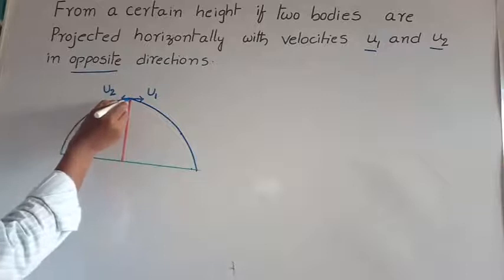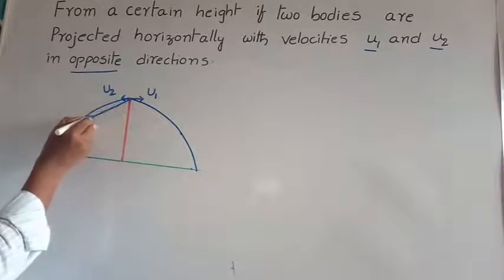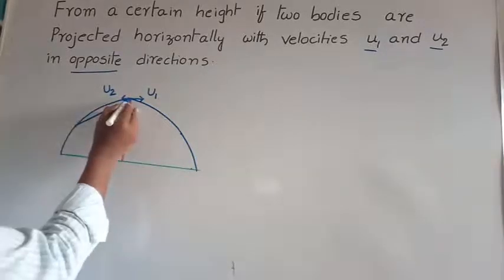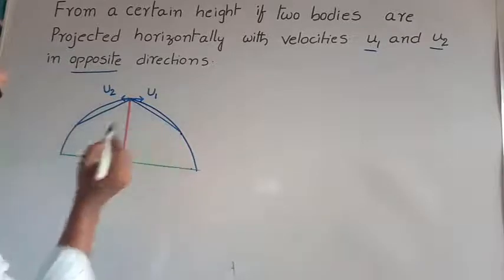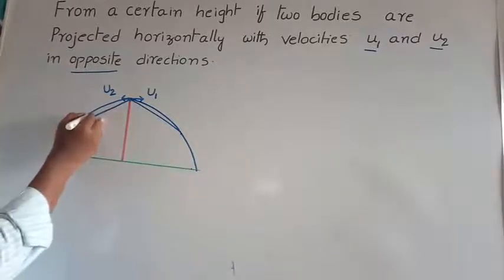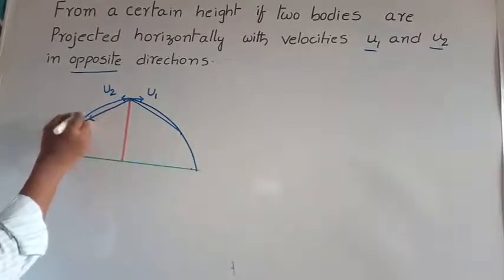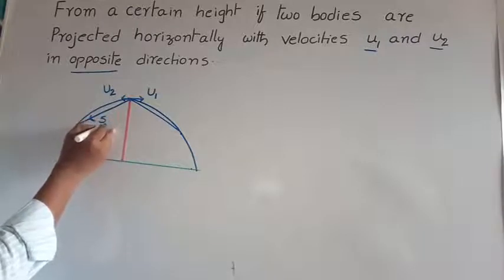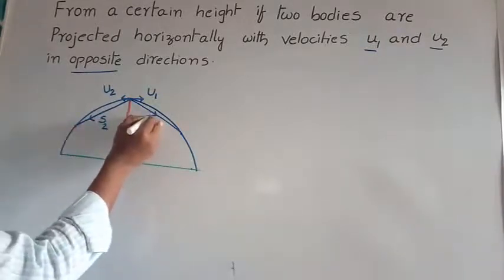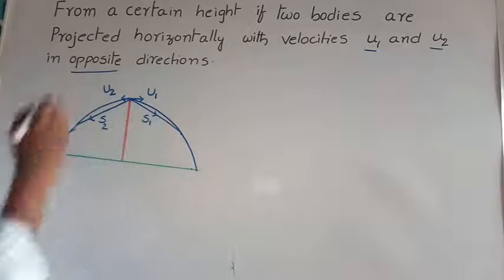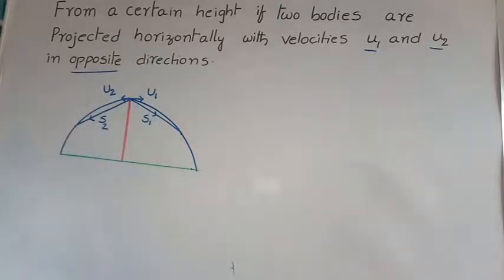So this line is taken as displacement vector S2, and this one is taken as displacement vector S1. The direction of the displacement vector is from initial point to final point.